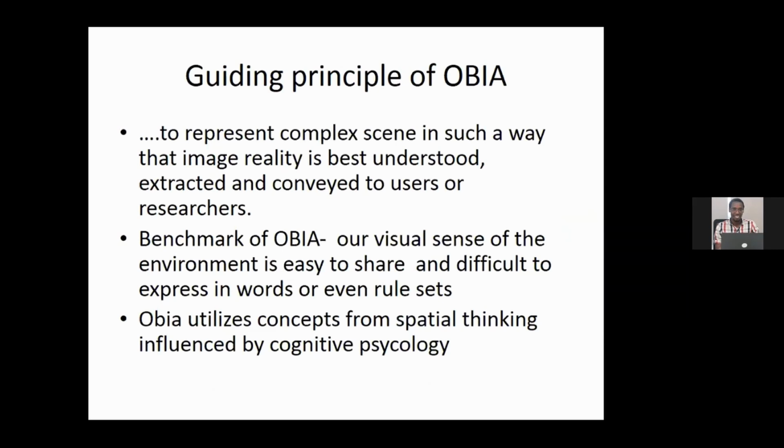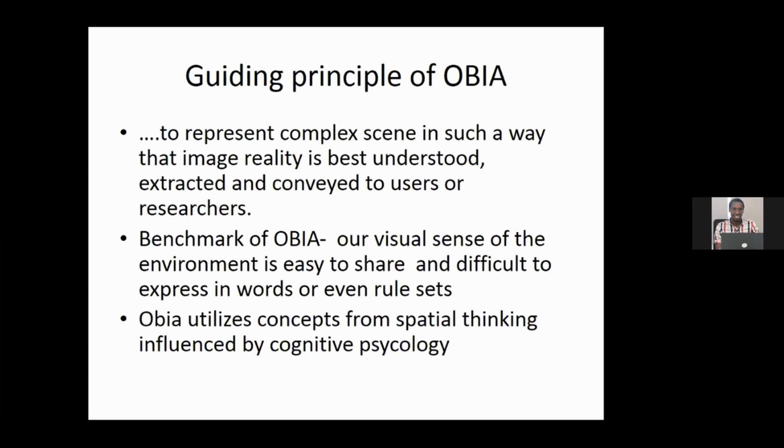In other words, the benchmark of OBIA is that our visual sense of the environment is easy to share. We can talk about the environment, because human beings are very brilliant, more than computers. We can share our visual aspect. Just as I was talking to you, I will tell you here we have maybe this kind of landscape. But it's very hard for us to describe them in words.